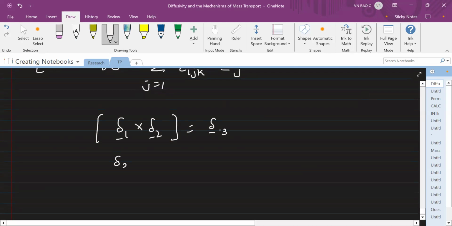Going ahead, delta 2 cross delta 3 is delta 1, and delta 3 cross delta 1 is delta 2.